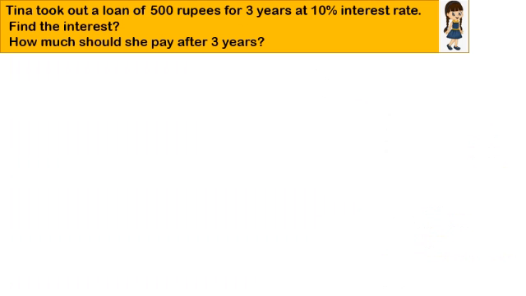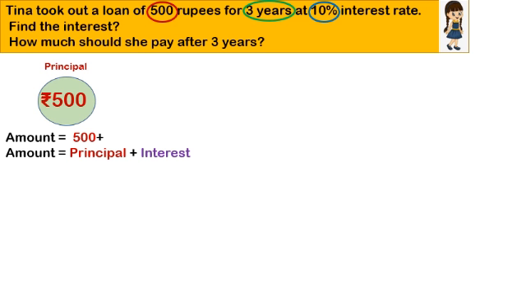Suppose Tina took out a loan of 500 rupees for 3 years at 10% interest rate. Find the interest and how much should she pay after 3 years. See children, in this question, they have given us the principal amount 500 rupees, rate of interest 10% and duration of the loan is 3 years. Children, we know the total amount is the sum of principal and interest. So first let us write the principal amount, that is 500 rupees.